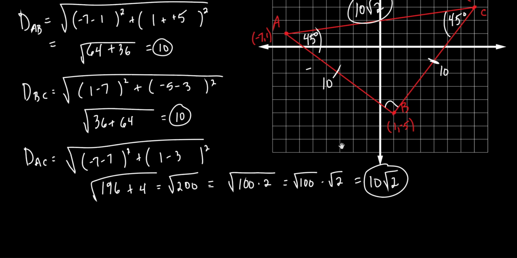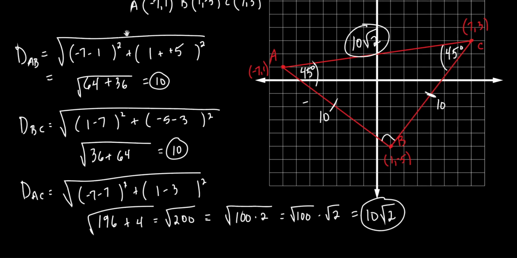How did I know this is 90? Because I erased it, but remember I did the slopes? The slope of one was, what was it, negative 3/4, right? This one was negative 3/4, and this was what? Positive 4/3. They're negative reciprocals of each other, so that means that this line and this line right here are perpendicular. If they're perpendicular, it makes a right angle. So if that's a right angle, that's a right triangle.